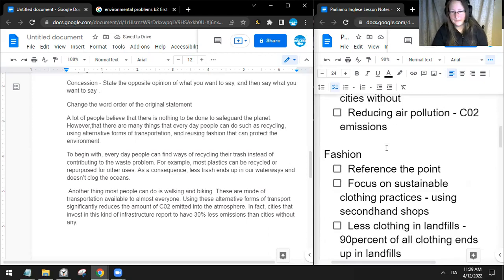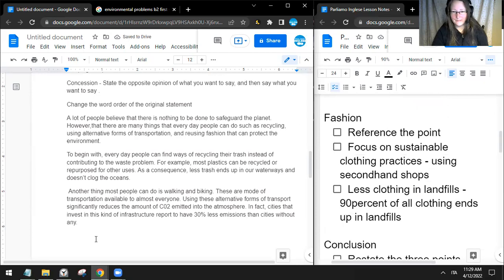Last one. Fashion. So fashion, finally, almost 90% of all clothing ends up in landfills instead of being recycled.